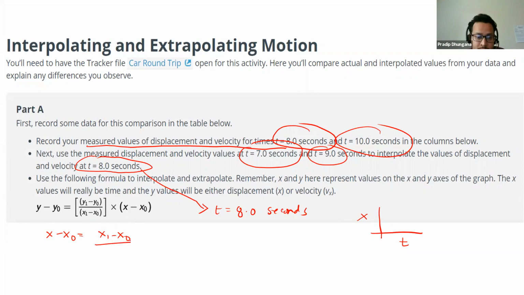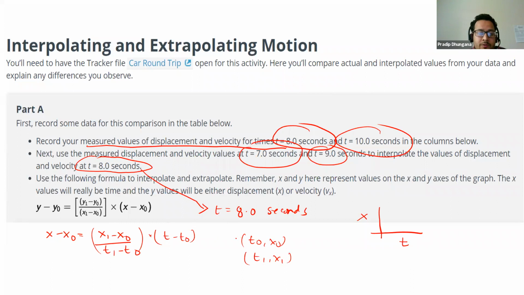You can see here t1 minus t0 times your time, t minus t0. You will modify it that way. And then using those 2 points, t equal to 7 seconds and 9 seconds, you will get 2 points, t0, x0, and t1, x1.